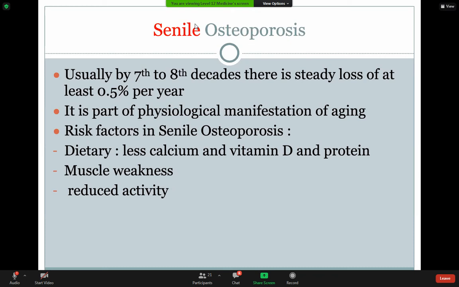As we said, bones become stronger with more stress placed on them. So if you have stronger muscles and do more exercise, there's more loading on the bones and they become stronger. If you have reduced activity and muscle weakness, the bones will also become weaker.